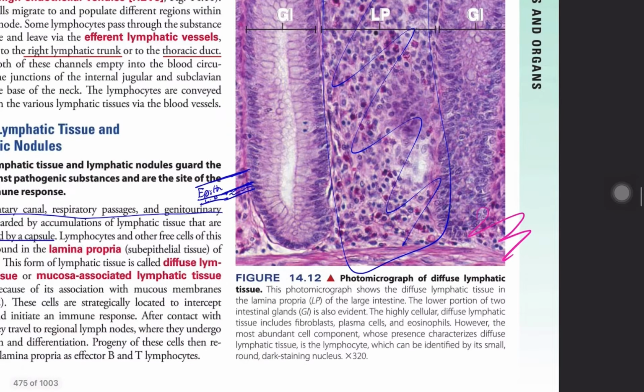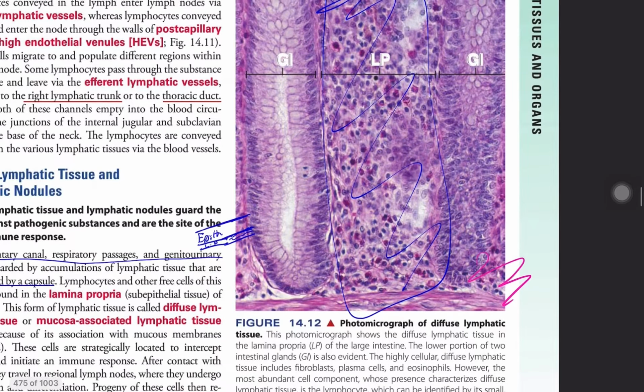The highly cellular diffuse lymphatic tissue includes fibroblasts, plasma cells, and eosinophils. However, the most abundant cell component whose presence characterizes diffuse lymphatic tissue is the lymphocyte, which can be identified by a small, round, dark stained nucleus. So all of these are lymphocytes.